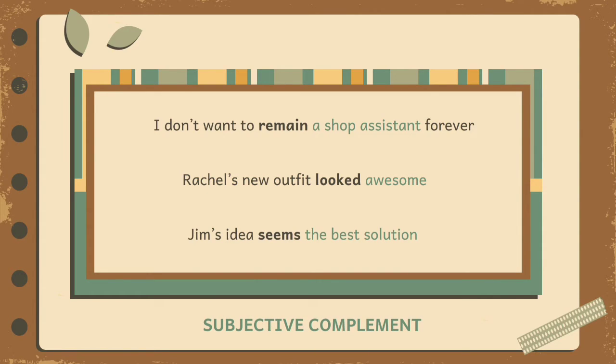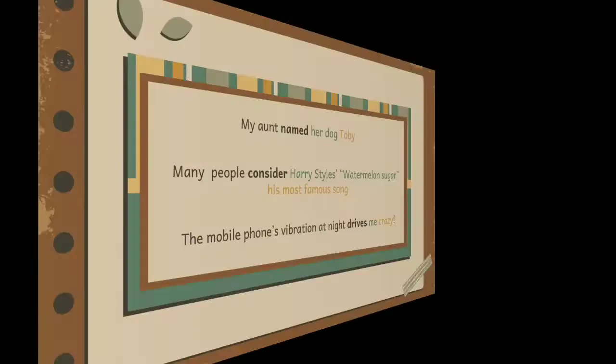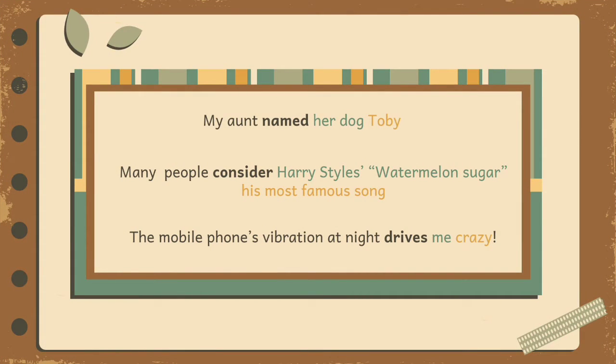We are now considering the changing of a linking or sense verb for a transitive verb, one that requires a direct object to complete its meaning. My aunt named her dog Toby. In this sentence, Toby, that is in yellow, refers to her dog, that is in green, which is the object of the sentence. The same happens in the following sentence. Many people consider Harry Styles' Watermelon Sugar his most famous song.